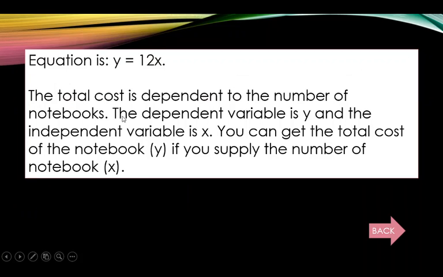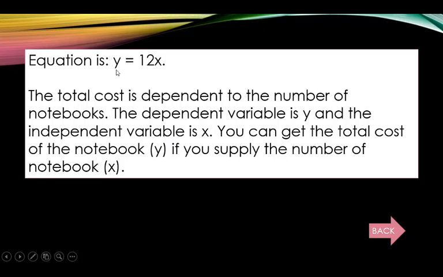So, in our equation, we have y is equal to 12x. The total cost is dependent on the number of notebooks. Anong ibig sabihin nun? Yung presyo, the total cost, that is the value of y, ay nakadepende lang dun sa bilang ng notebook and the constant which is 12 pesos. The dependent variable is y and the independent variable is x.